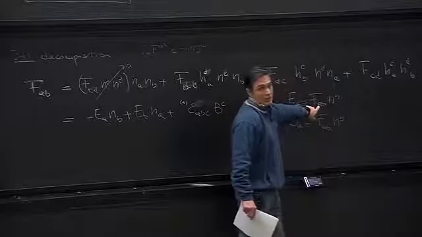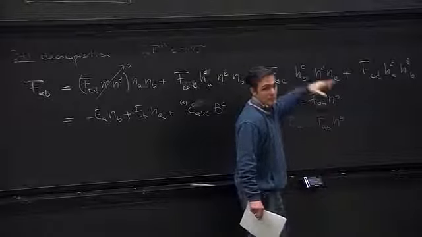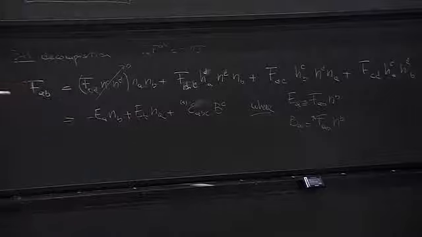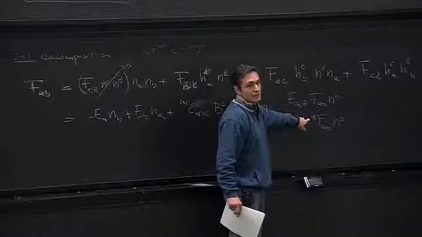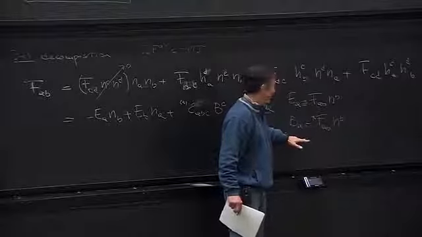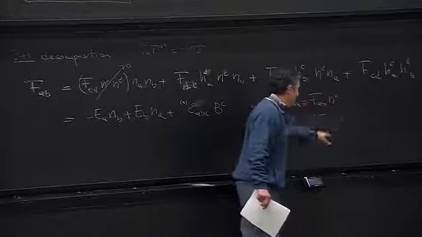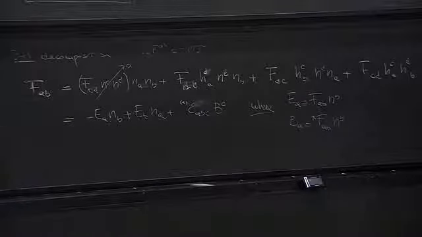This A cannot have a t component, so it can only be a spatial index. And if you remember the decomposition of the Faraday tensor, then the ti components give you the electric fields. And it's the same thing with respect to the dual Faraday tensor. If you undualize it, what it's going to give you is the components of the magnetic field, which are in the ij part of the Faraday tensor.